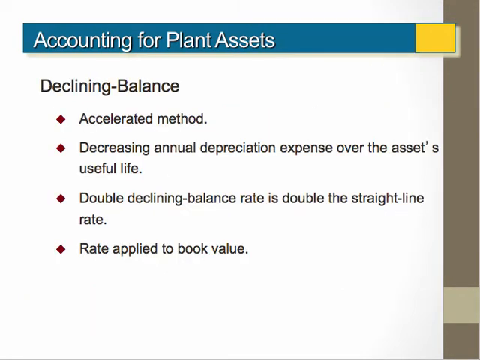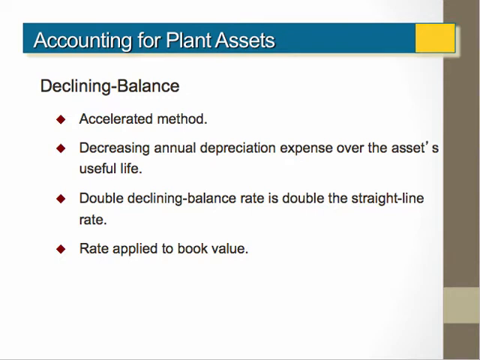Another method is declining balance. Now, the declining balance is considered an accelerated method, as we mentioned before. What it does is it accelerates the amount of depreciation we take in the early years, normally with the rationale that the asset is more valuable in its early years than its later years.